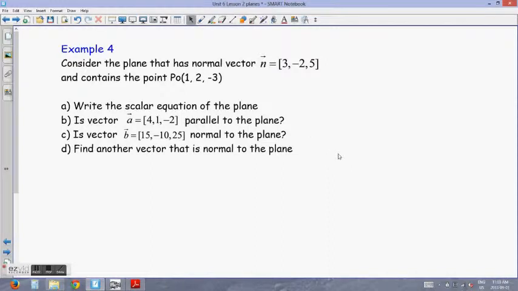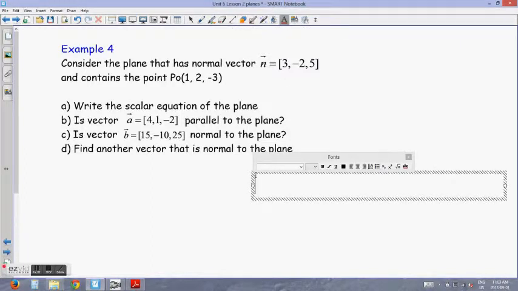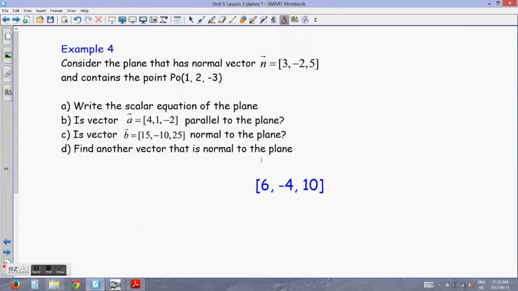I'll write it in so that you can see it. Another vector could be 6, -4, and 10. So that could be an answer for D.